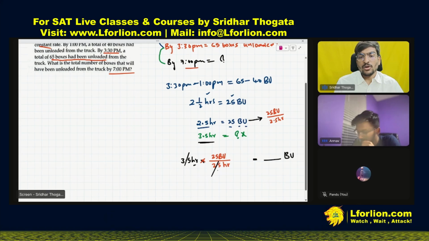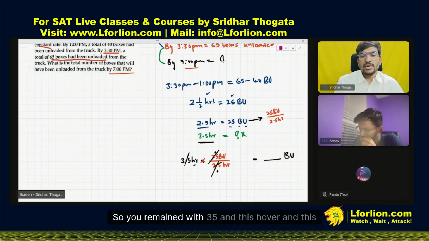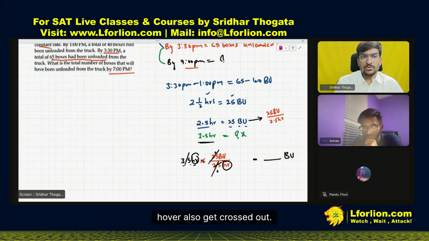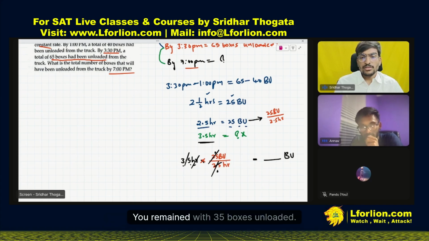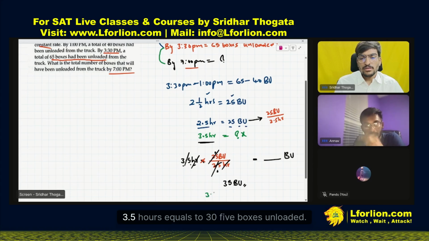In the denominator 25 is there, in the numerator 25 is there, cross out. You remain with 35, and the hour also gets crossed out. So you remain with 35 boxes unloaded. This is the answer. So finally, 3.5 hours equals 35 boxes unloaded.